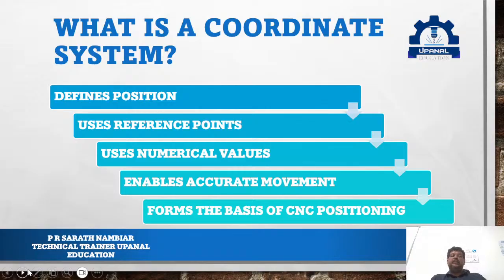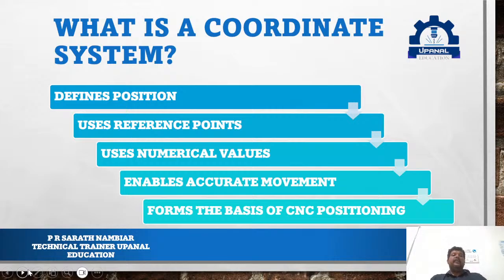For a CNC machine, this area is the machine's working envelope. Every position inside the machine can be represented using coordinate values like X, Y, or Z. These numbers tell the machine exactly where the tool or table is located. Without a coordinate system, the machine would have no way of identifying positions. It would not know where the spindle is, it would not know where the workpiece is, and it would not know where to move next.